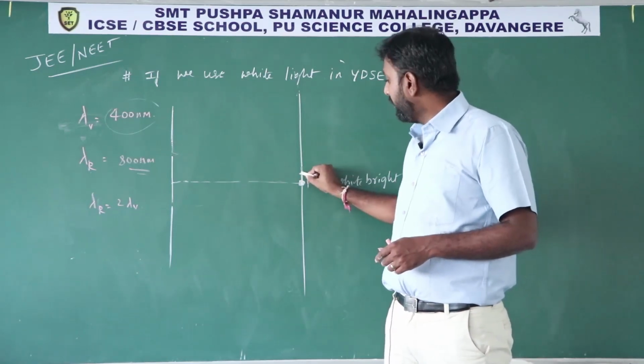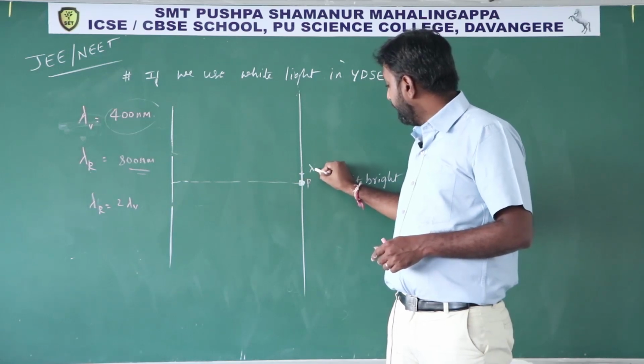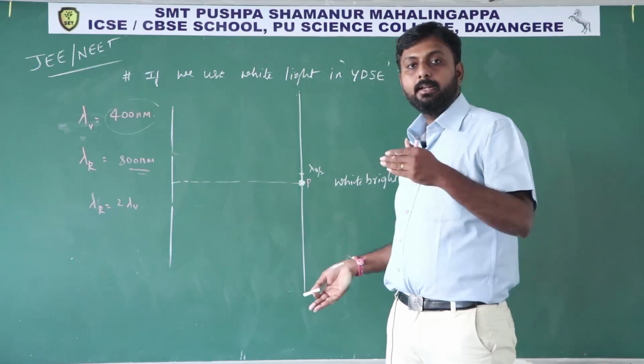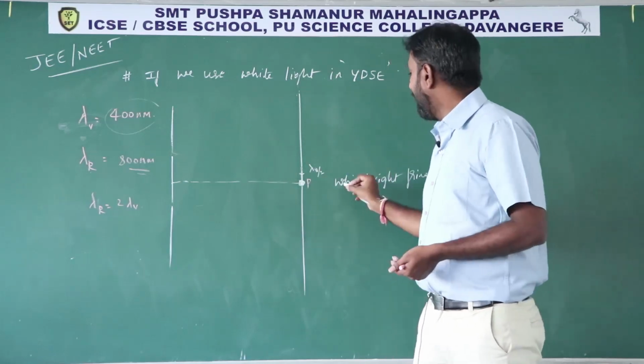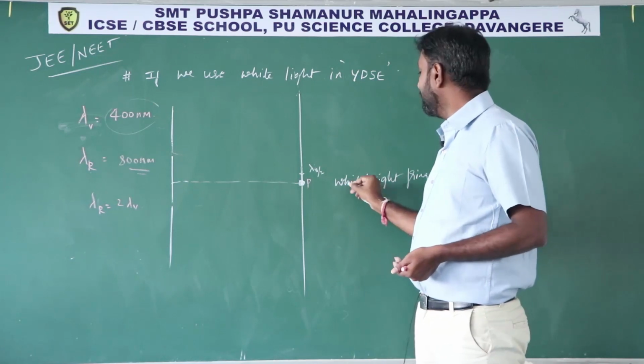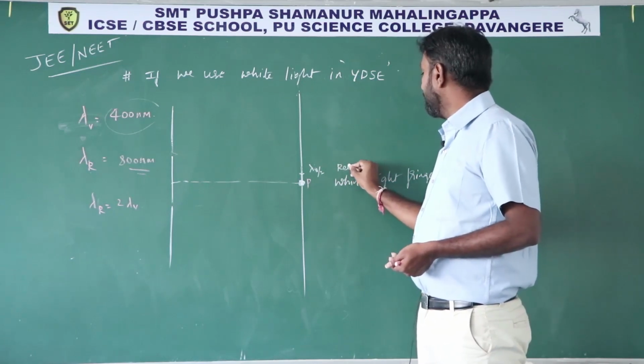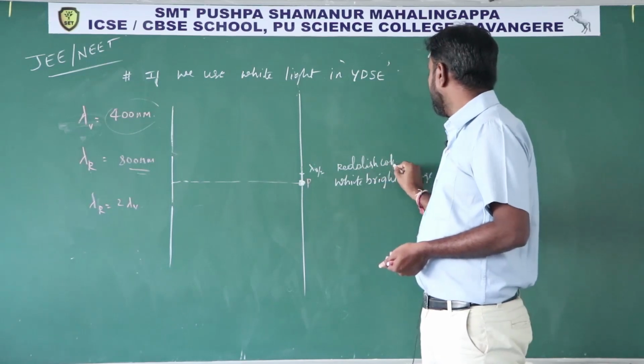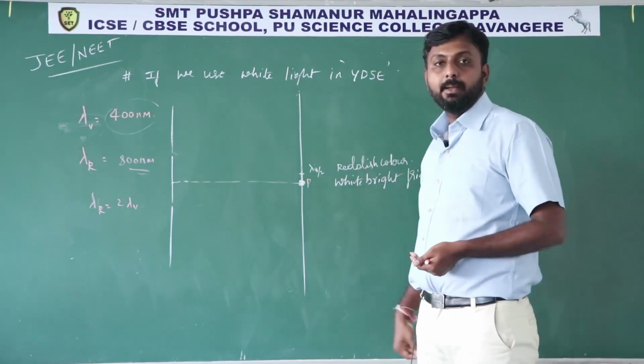Then at this point, that is lambda violet by 2, violet is absent, so red color will dominate. So above the white bright fringe, you will observe a reddish color fringe.